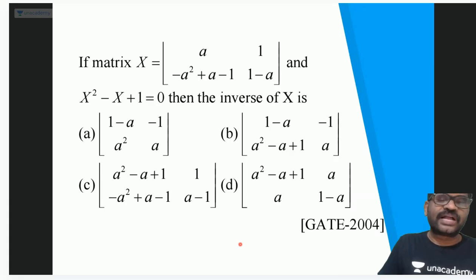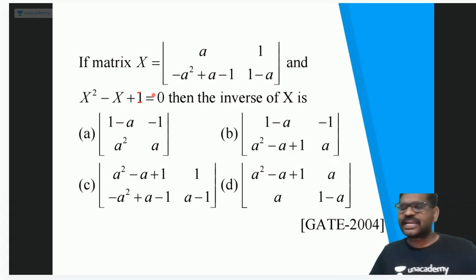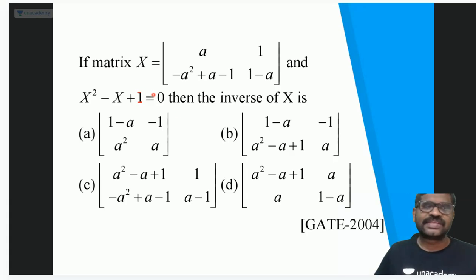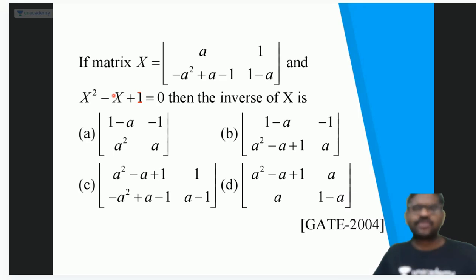If X is [1, a; -a²+a-1, 1-a], and X² - X + I equal to 0, then the inverse of X is? Observe here. They have provided one relation.